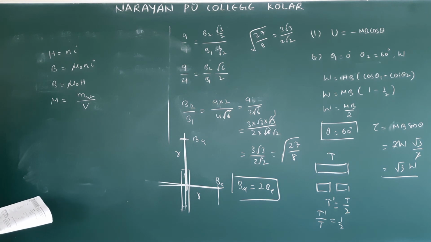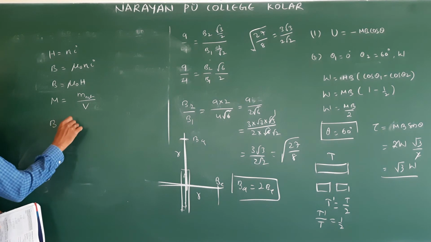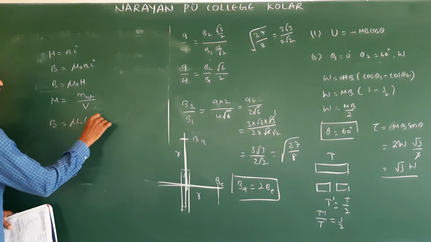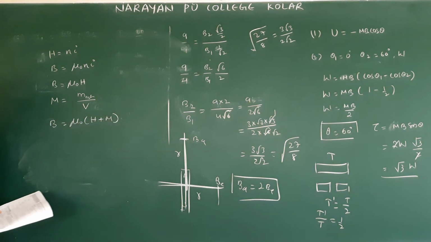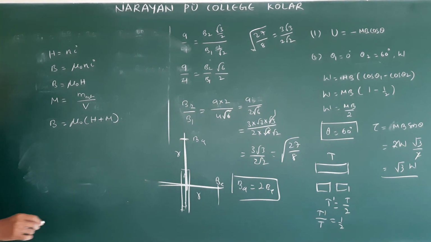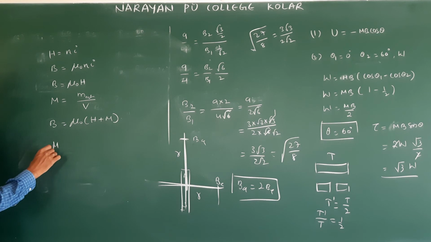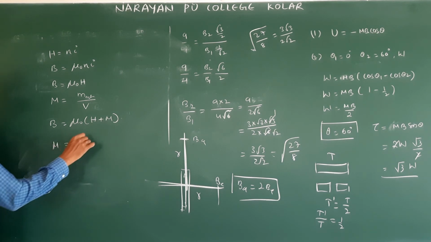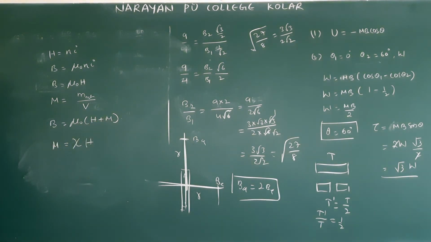So B is equal to mu naught (H plus M). And we have seen the relation between M and H, magnetization and intensity: M is equal to susceptibility into magnetic intensity.